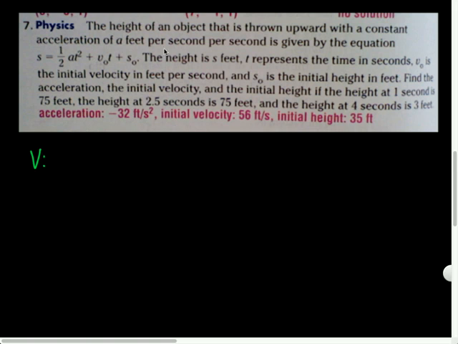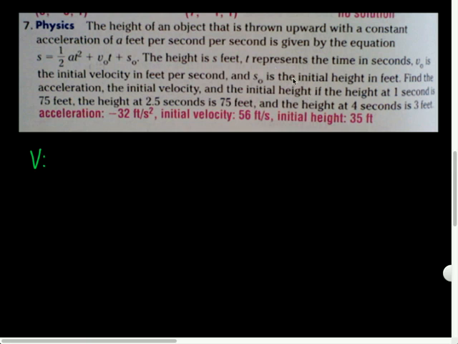All right, so it looks like they gave us an equation, which if you've taken physics, perhaps you recognize that. a is typically 9.8 meters per second squared in meters, and it is typically 32 feet per second squared in feet, depending on what unit of measure you're using.